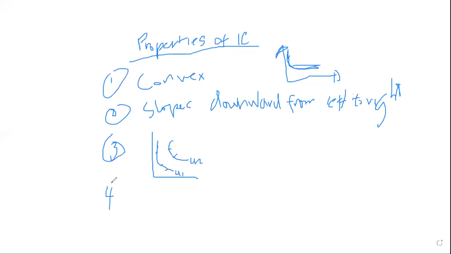4, another property, indifference curves are everywhere dense. And what it means is that every point in the commodity space has an indifference curve passing through it.